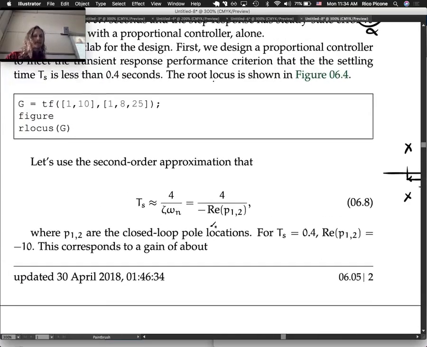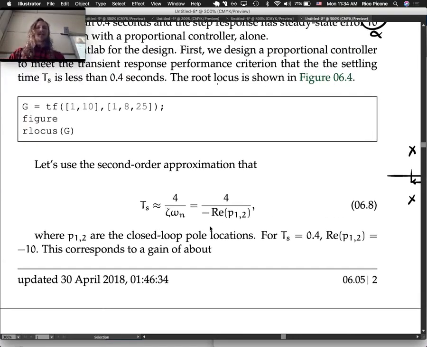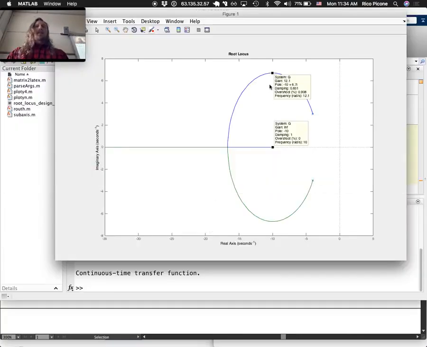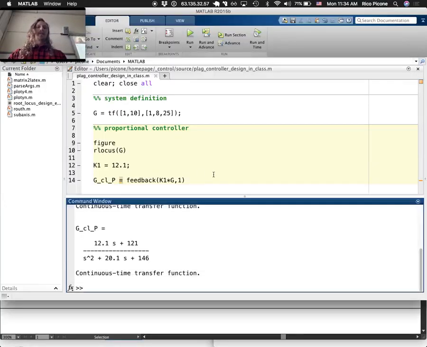Okay, so we have our choice of gain corresponded to a pole location of -10 in the real part because we wanted our transient response to have a settling time of 0.4 seconds or less. So this is like the minimum gain.